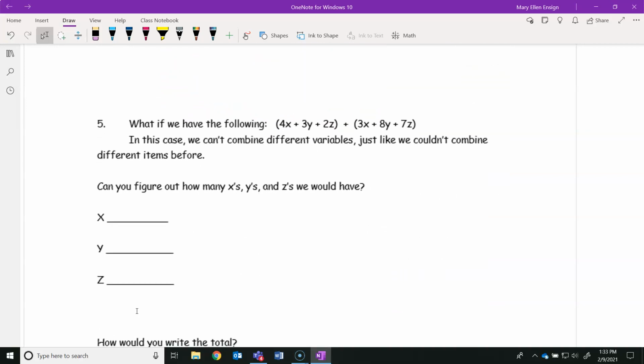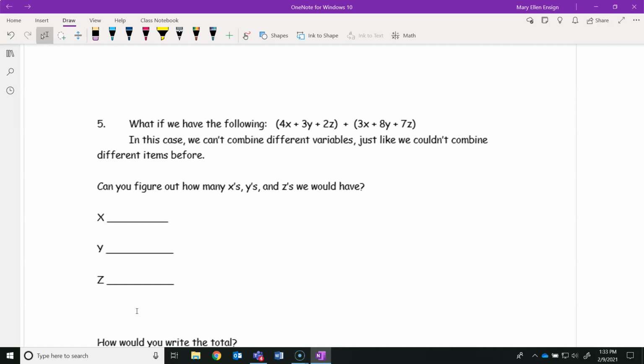Okay, so now we have these two. 4x plus 3y plus 2z. And then we have 3x plus 8y plus 7z. So in this case, we can't combine different variables just like we couldn't combine different items before.